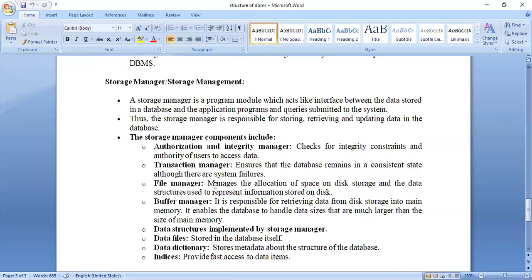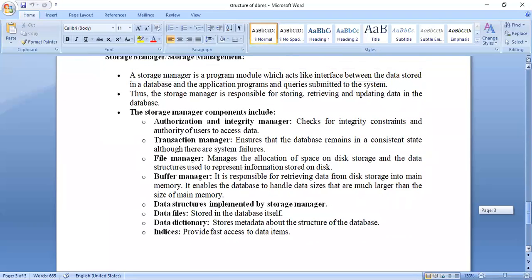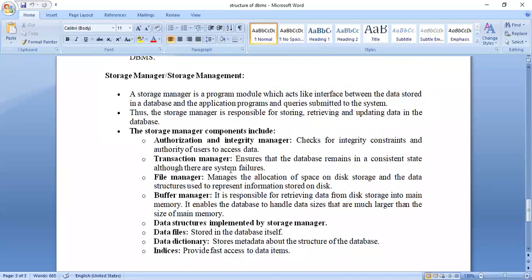This transaction manager ensures that the database remains in a consistent state although there are certain system failures. It is responsible to maintain the atomicity for the entire transaction, for the entire database. That means if there is an error in between, it should immediately abort and roll back. When it rolls back, it means that it is not committed. So whenever it starts again, it will start from the beginning.